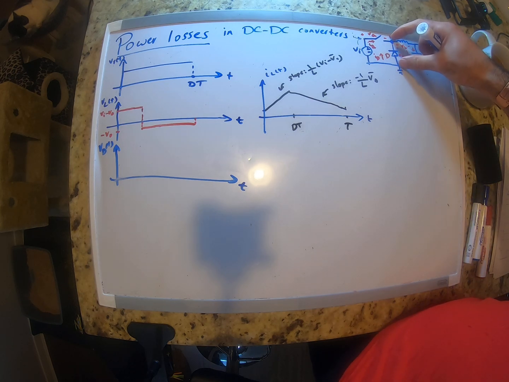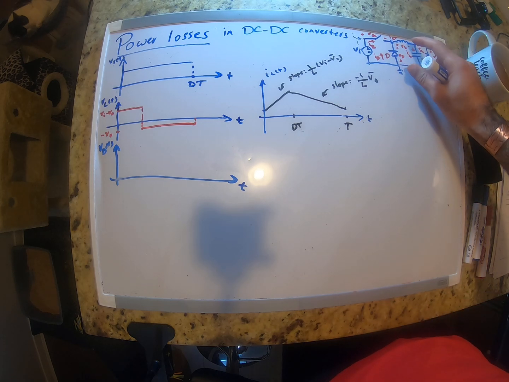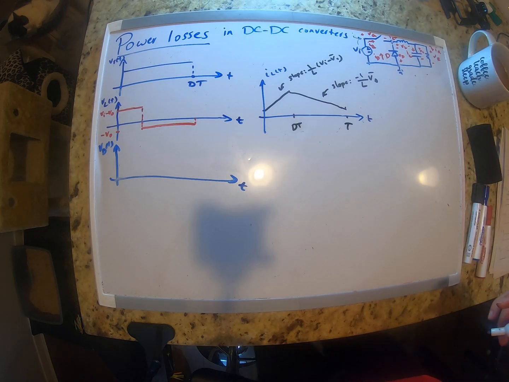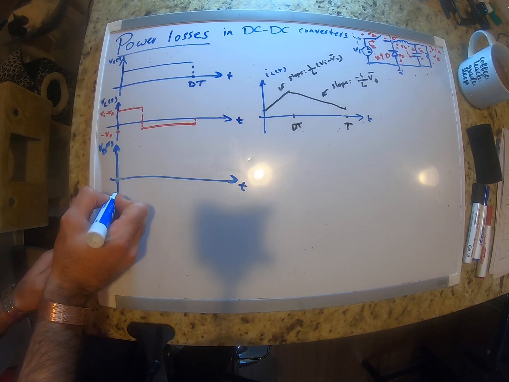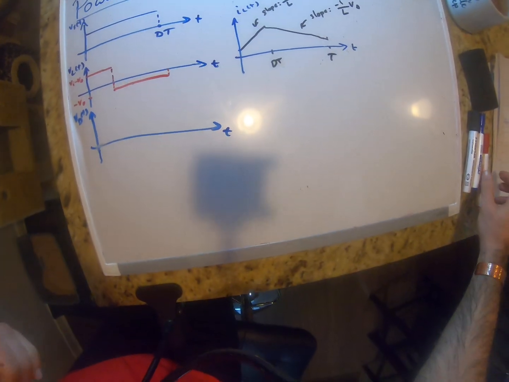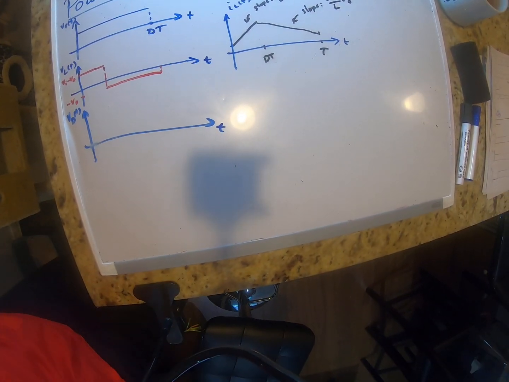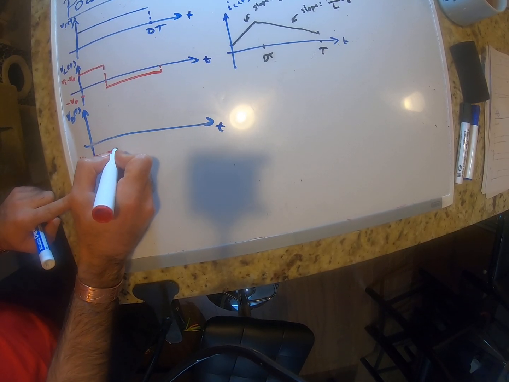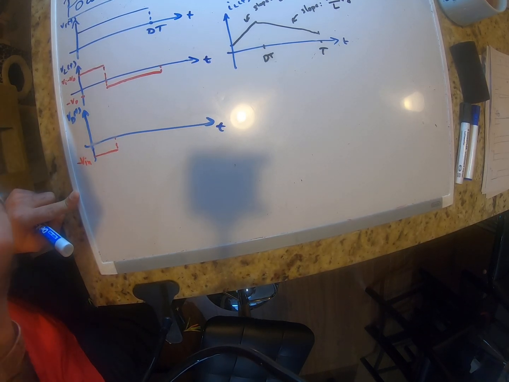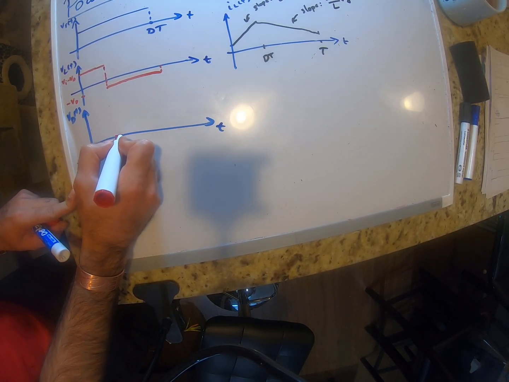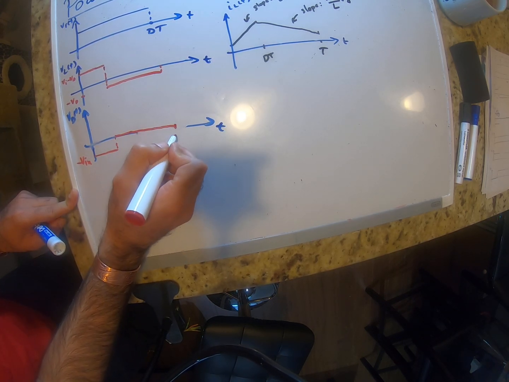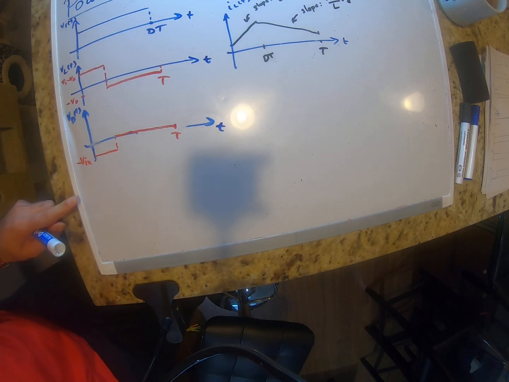So the voltage across the diode from anode to cathode is going to be negative V in, because this point is 0, this point is V in. And when the switch is open, the diode is conducting, so the voltage across it is basically 0.